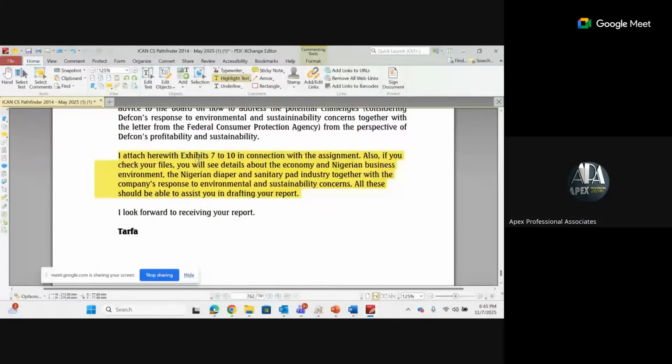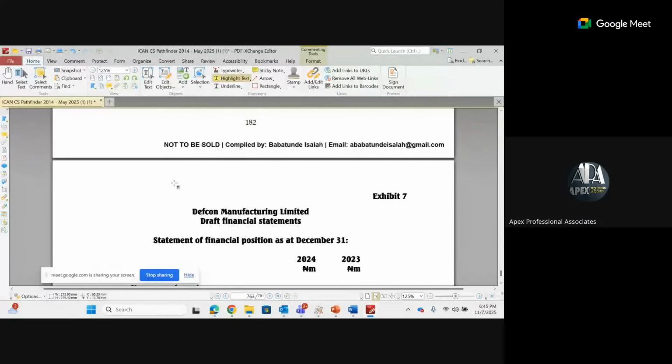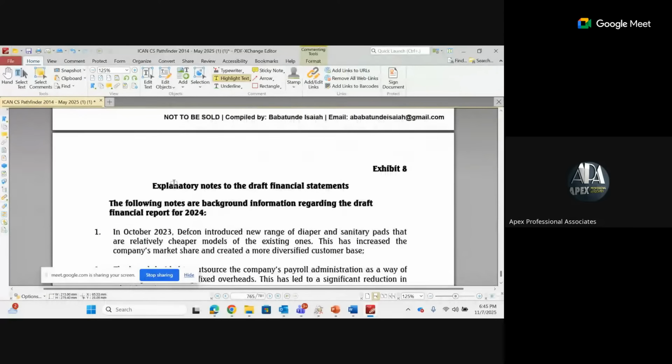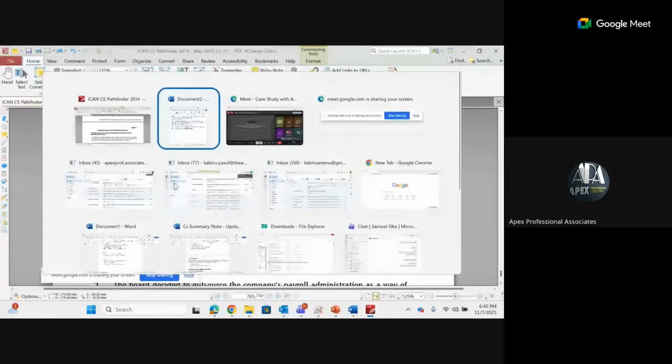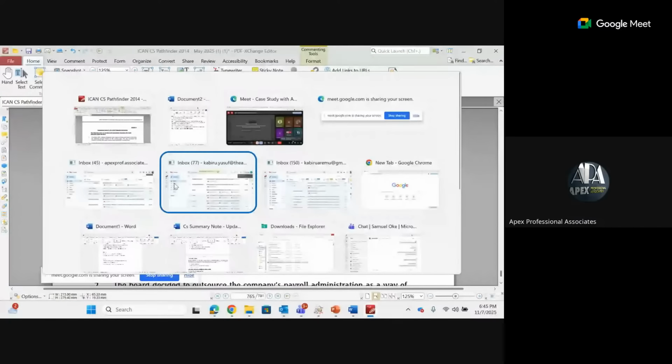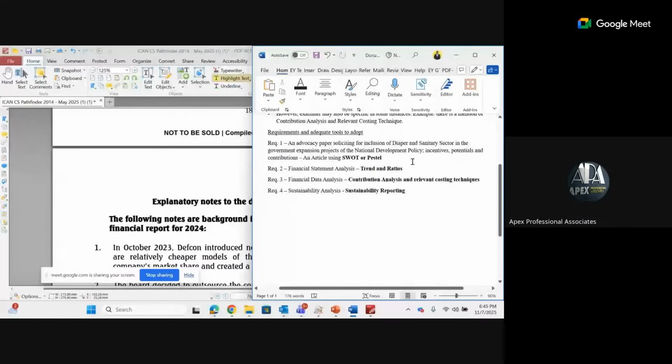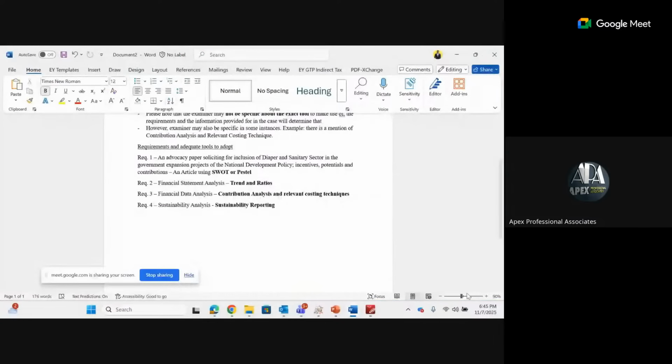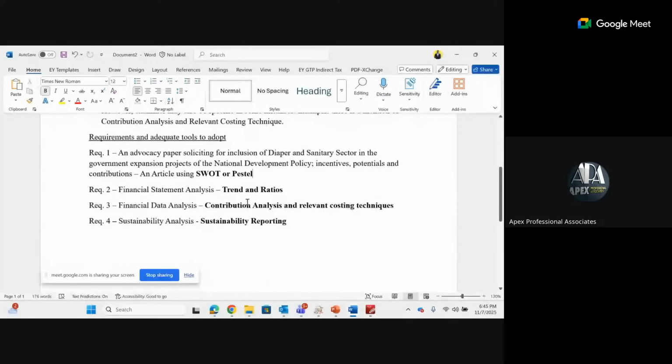So Exhibit 7 and 8 is useful for which of the requirements? Let's go and add more to our notes. We have 4 requirements. So each of those exhibits will be directly useful for each of the requirements.